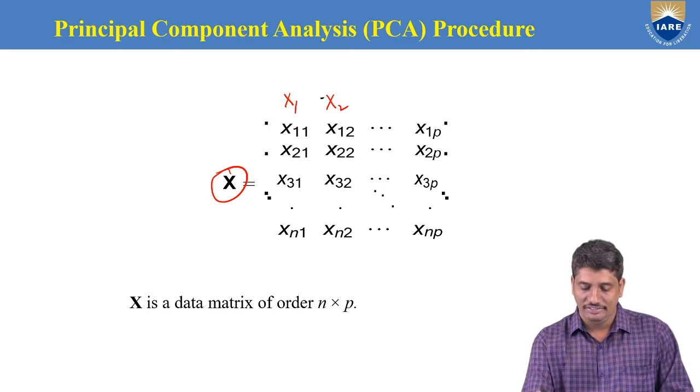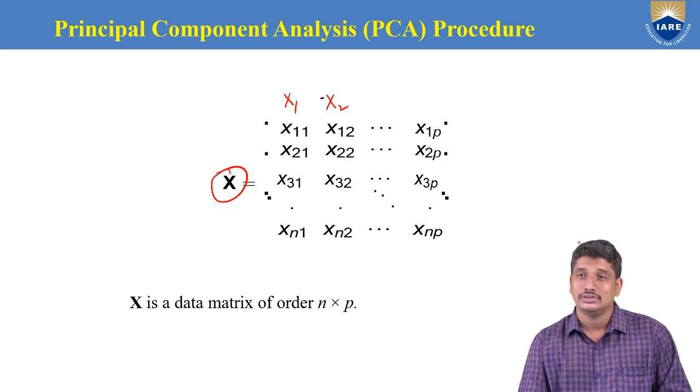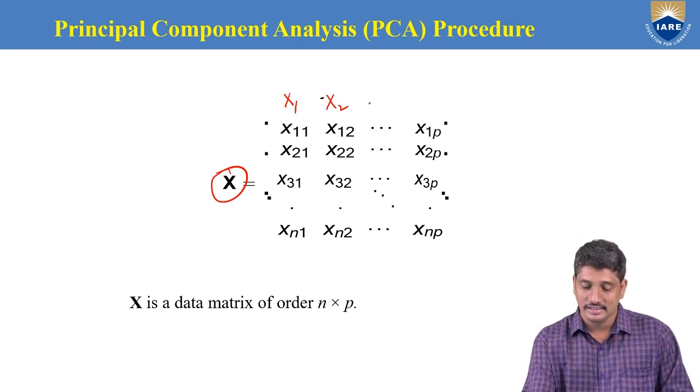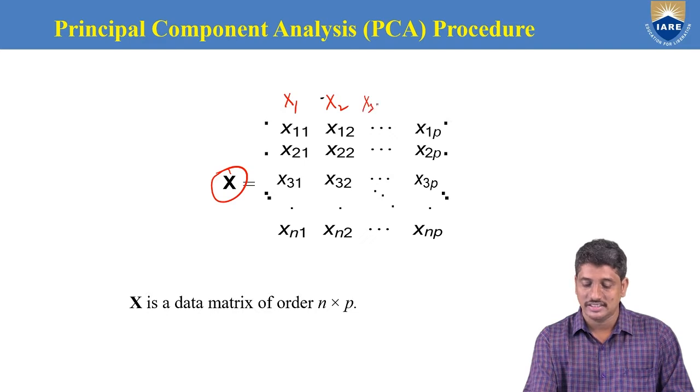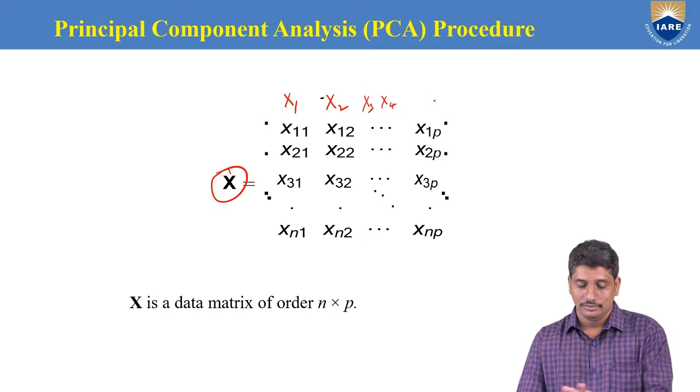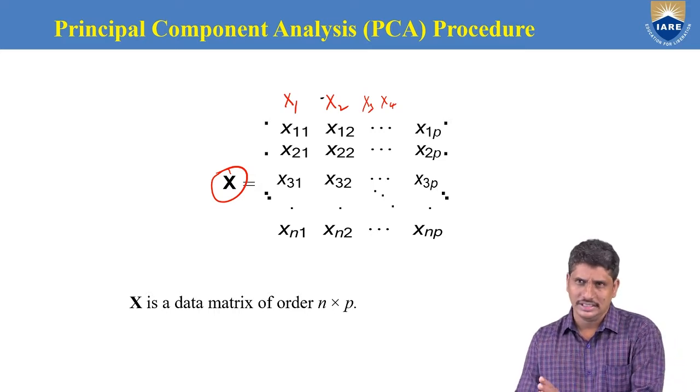So on, there are p features like IQ of IARE students, or their skills in a particular sport, that is x3, their skills in cricket x4, their skills in football, like that. We have taken so many.